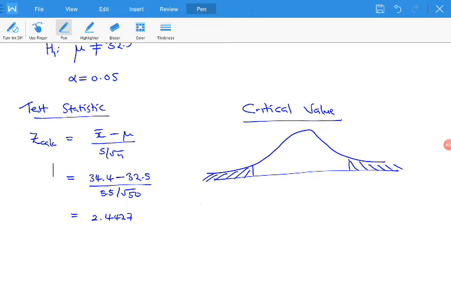Our critical value will be z at alpha over 2, which equals z at 0.025, which equals z at 0.975. This gives us critical values of negative 1.96 and 1.96.